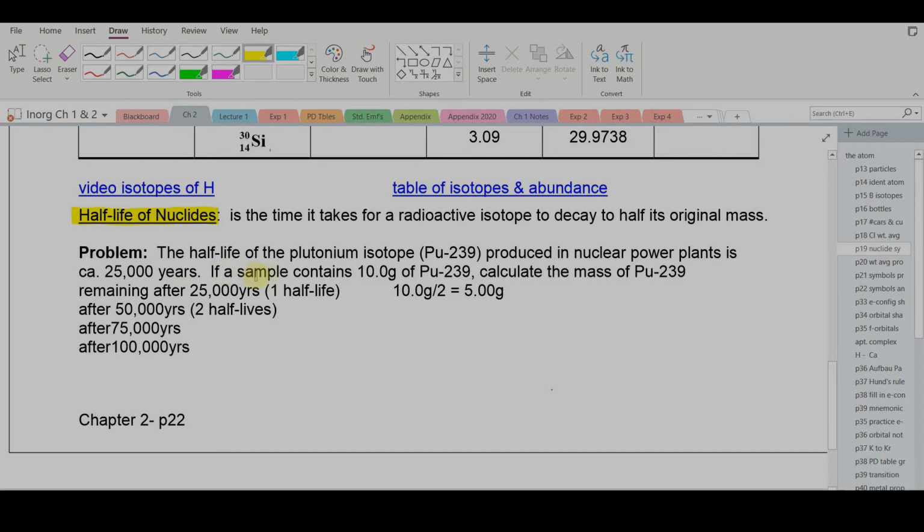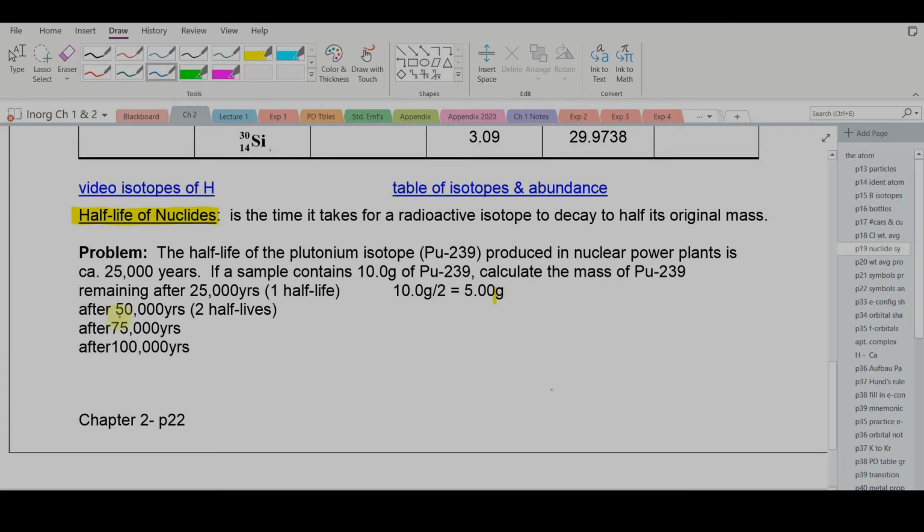If you had a sample that contained 10 grams of plutonium-239, calculate the mass of plutonium-239 remaining after 25,000 years. 25,000 years is one half-life, so you'd simply divide the original mass by 2 because it's reduced by a factor of 2 for each 25,000 years. You'd have 5 grams remaining.